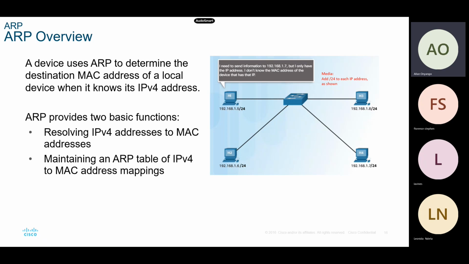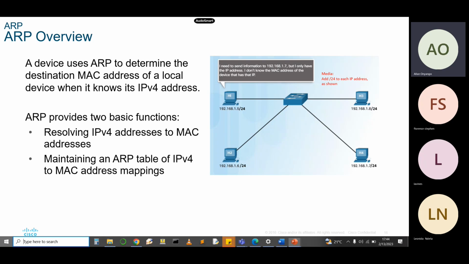Being on the same network, the IP address is always known because they share the same network address and the same subnet mask. What is not always known is the MAC address. So ARP is used to resolve the IP address to MAC address mapping, and to maintain a table called the ARP table, which is only found in a PC or a router, not a switch.